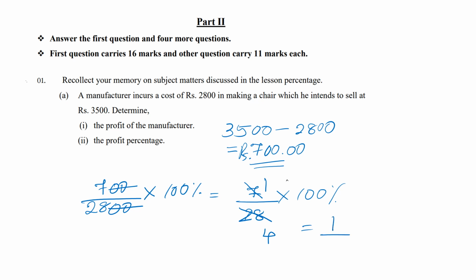Then 1/4 into 100 means you can divide 100 by 4, then you get 25. Then the profit percentage is 25%. He has got 25% profit. That's the answer for part A of the first question.